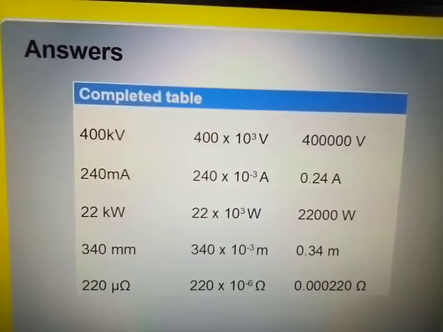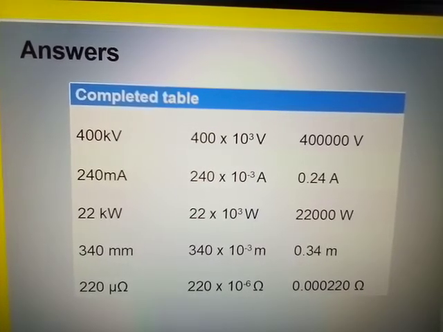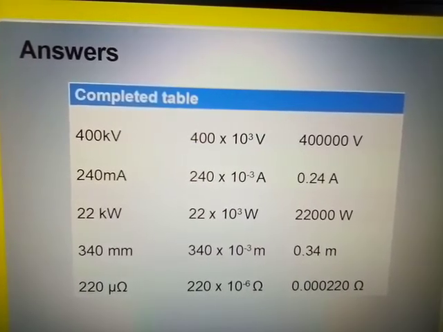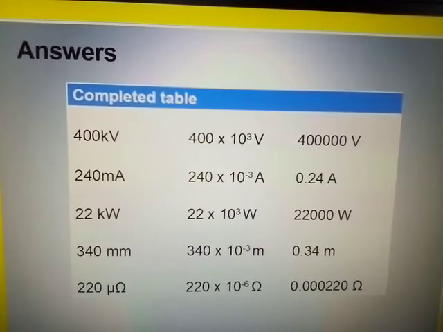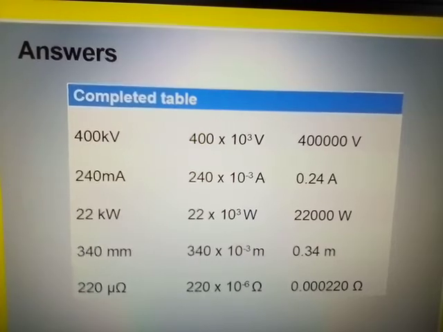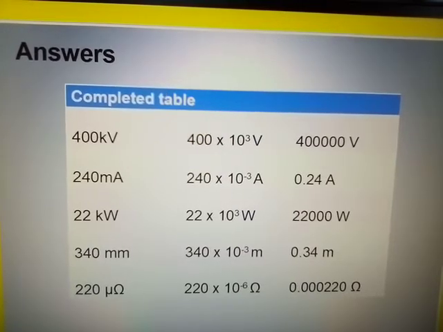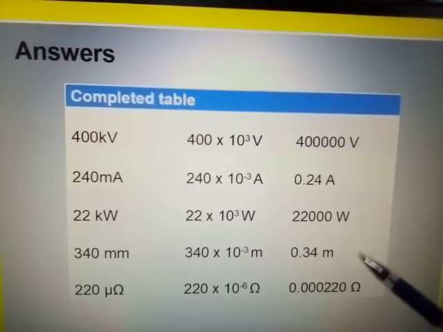240 milliamps, that was part of 1,000, so it's 0.24 amps, 10 to the minus 3. Okay. 22 kilowatts will be 22 times 10 to the 3, 22,000 watts. Now bear in mind that, sorry about that, I just hit the keyboard. Okay.